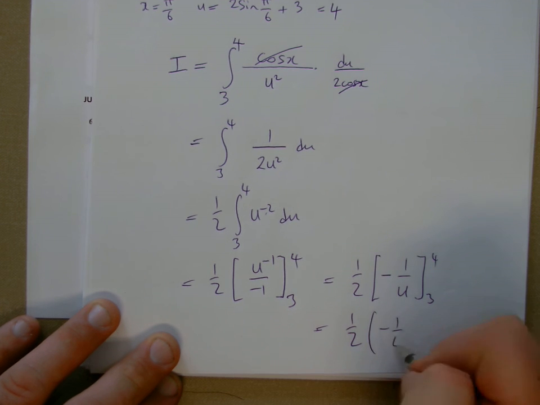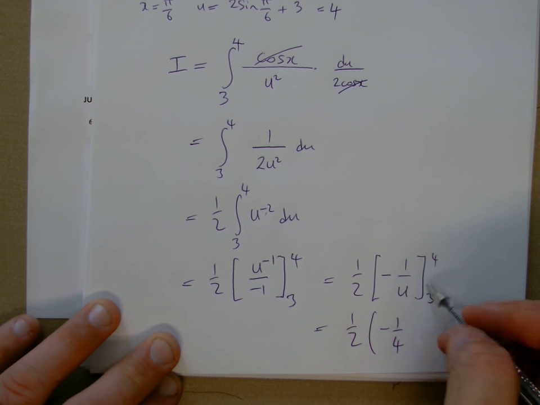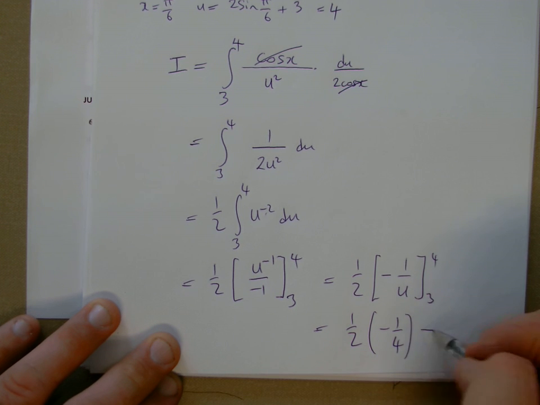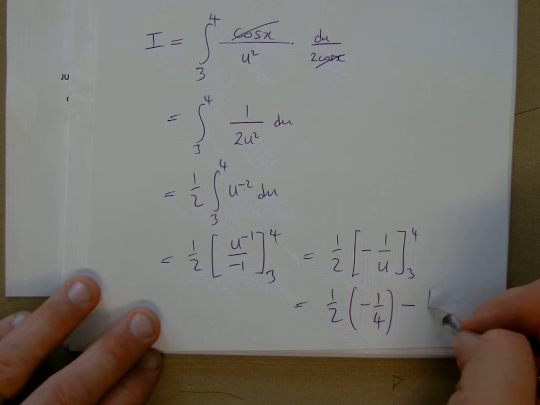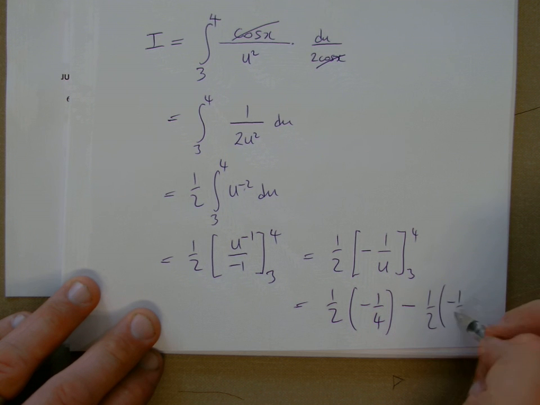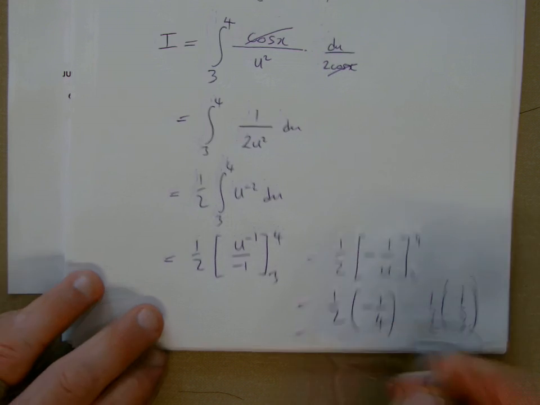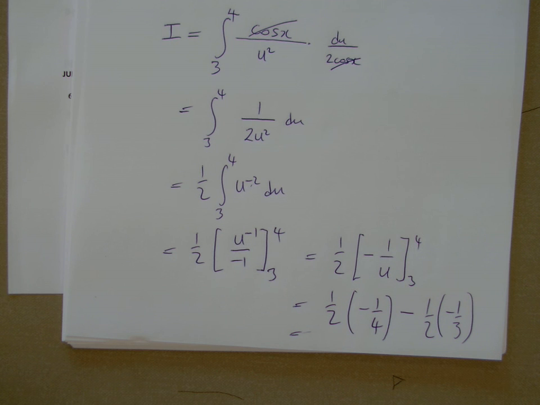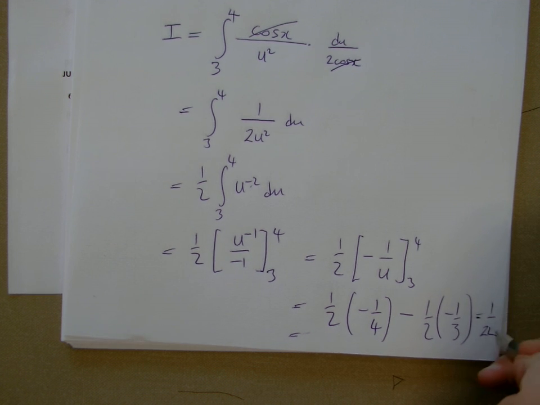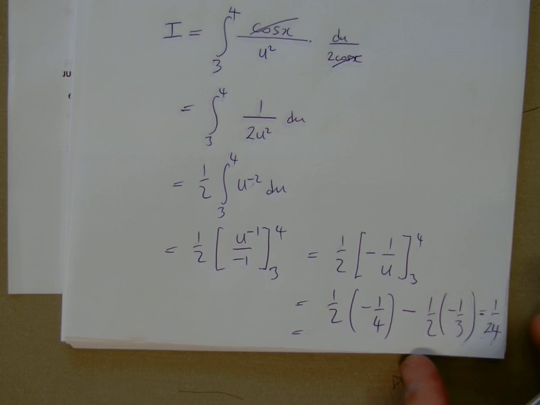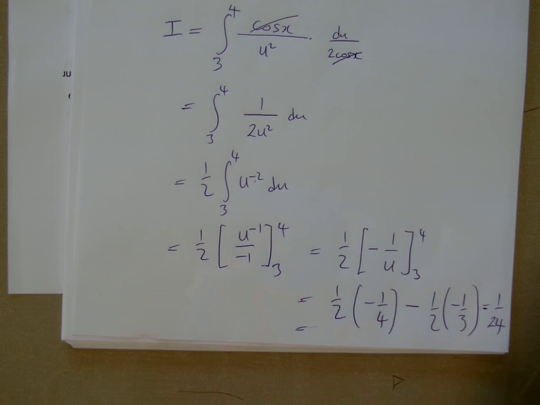So you get minus 1/4, and then take away, don't forget the half, minus 1/3. If I work that out on my calculator, I get 1/24, which is perfect. Not too bad once you've done the substitution.